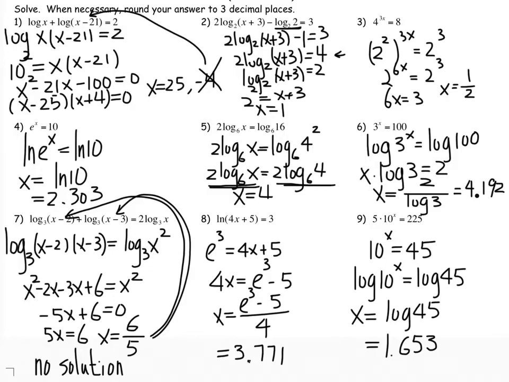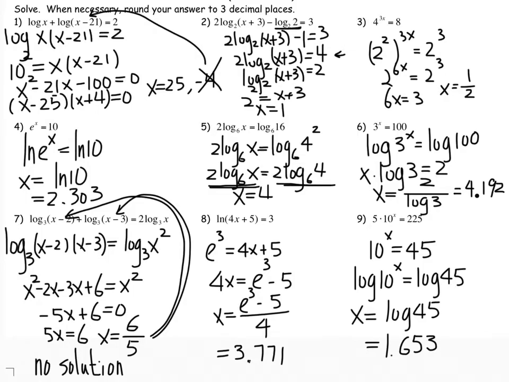Number 7. Again, log base 3 of (x minus 2) plus log base 3 of (x minus 3). This is the product property. I multiply the arguments. On the right-hand side, 2 log base 3 of x, rewrite that into x squared. So (x minus 2) times (x minus 3). Expand that: x squared minus 5x plus 6 equals x squared.